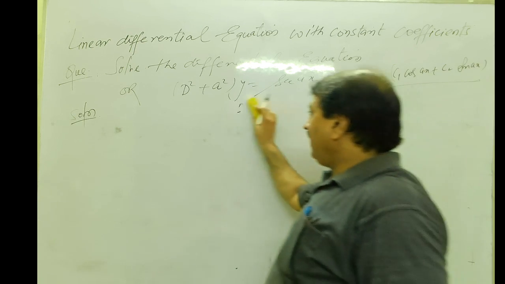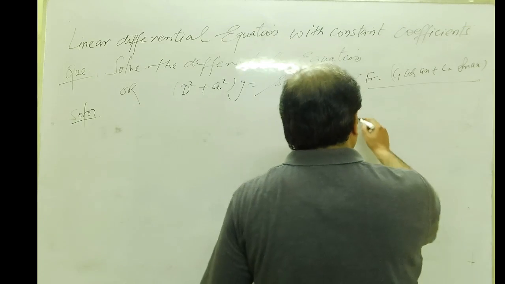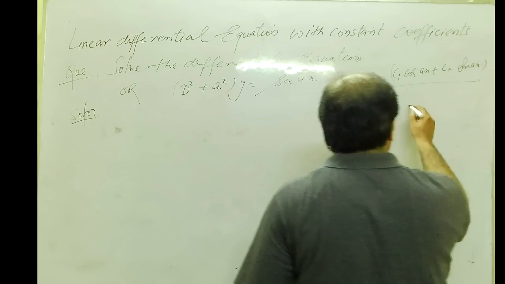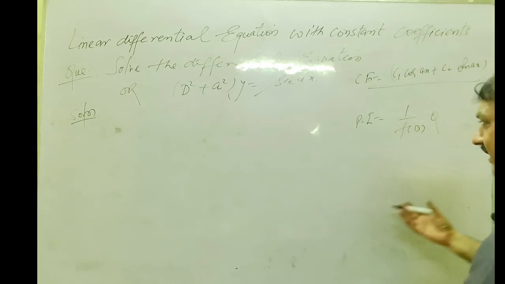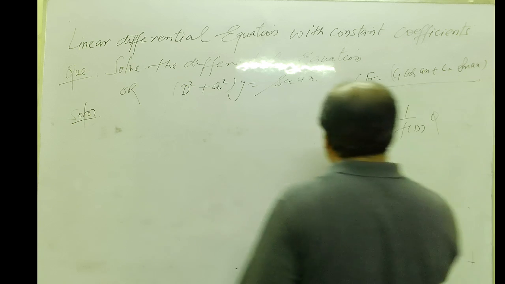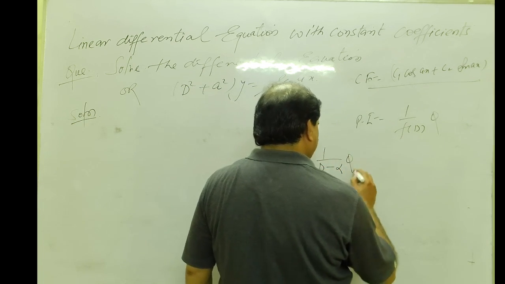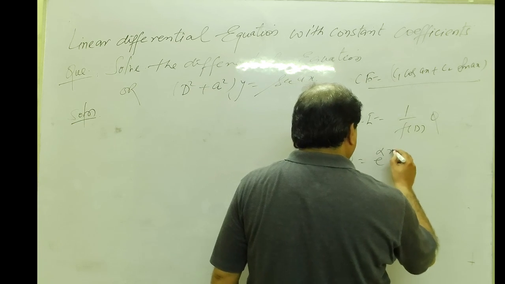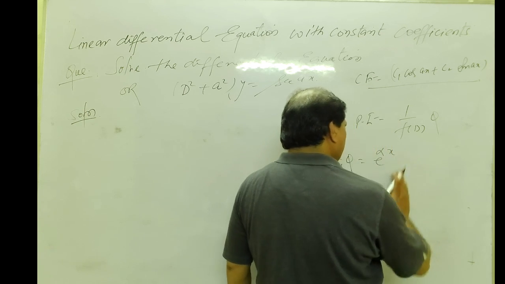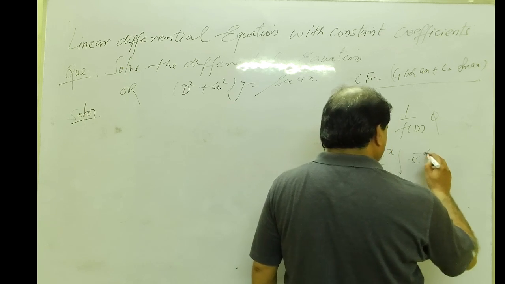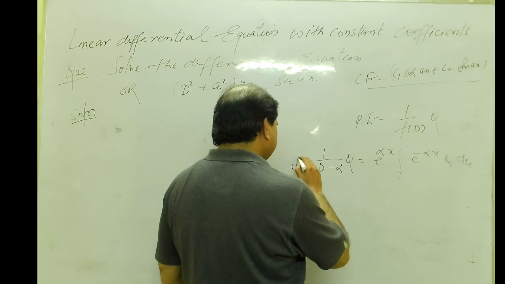Now find the other part, the particular integral. Particular integral means 1 upon f(D) into Q, where Q is any other function. That means particular integral 1 upon (D minus alpha) Q equals e power alpha x into integral of e power minus alpha x Q dx. This is the first part.